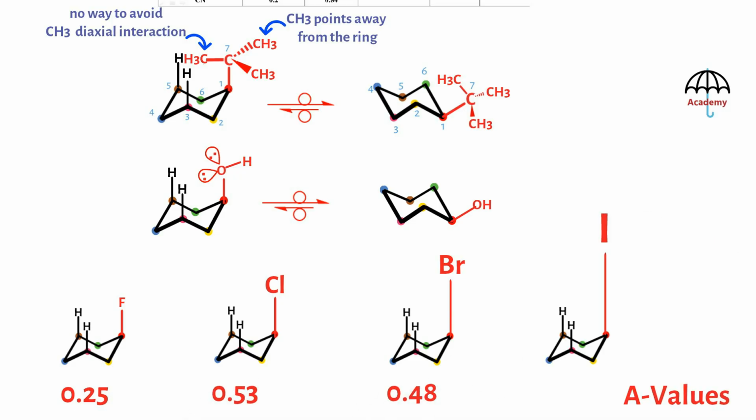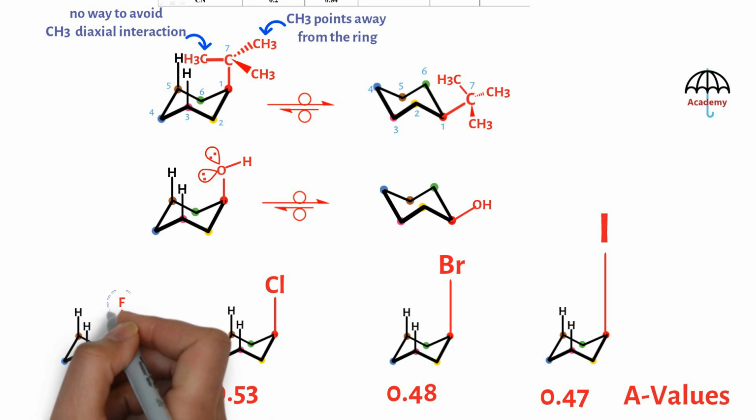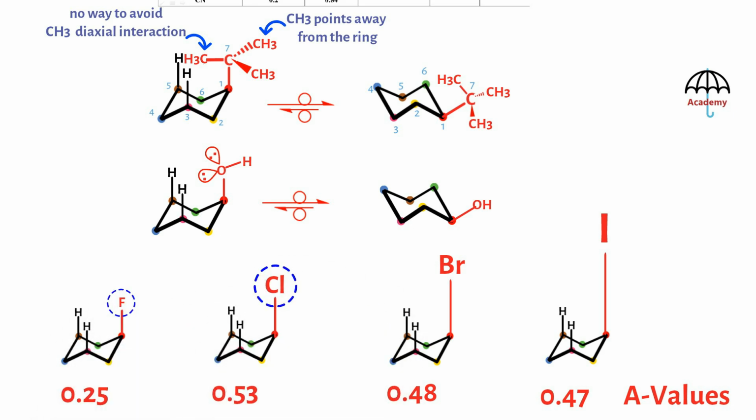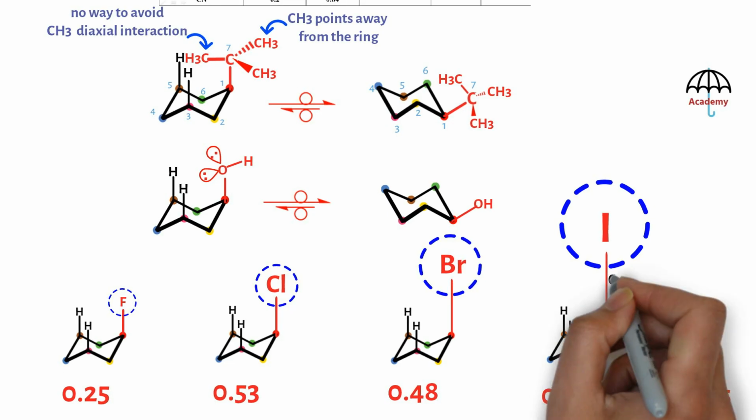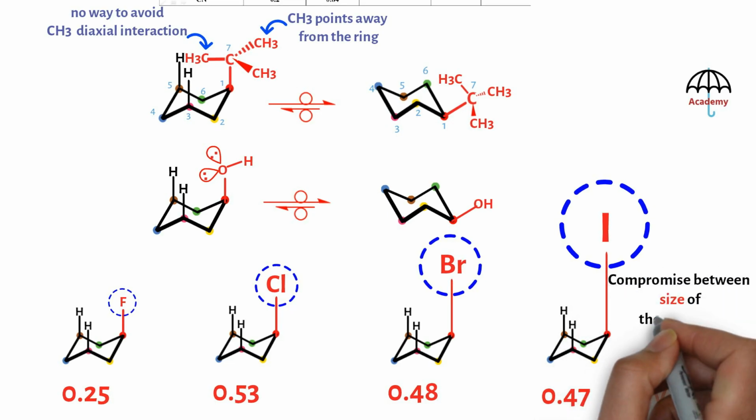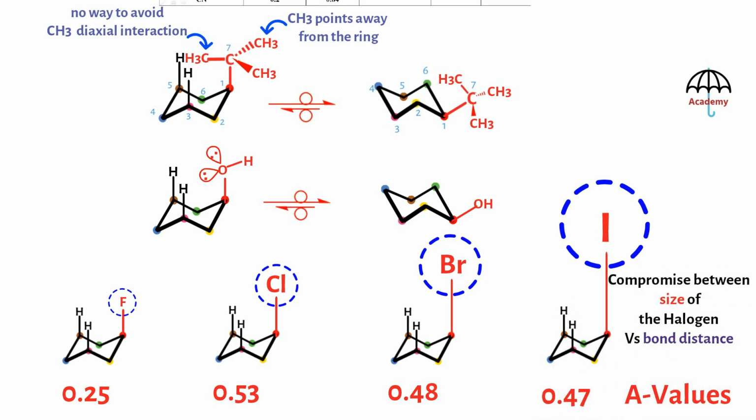This increases the distance of halogen atom from axial hydrogens at C3 and C5. Thus, there is a compromise between size of halogen atoms versus bond distance, which minimizes diaxial interaction, as was expected to increase with increase in size.